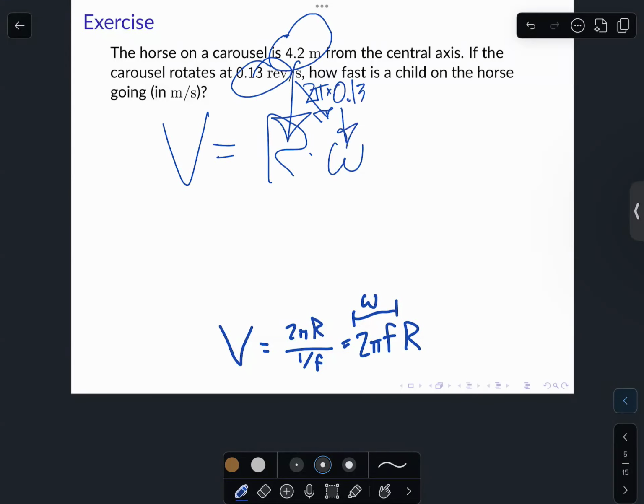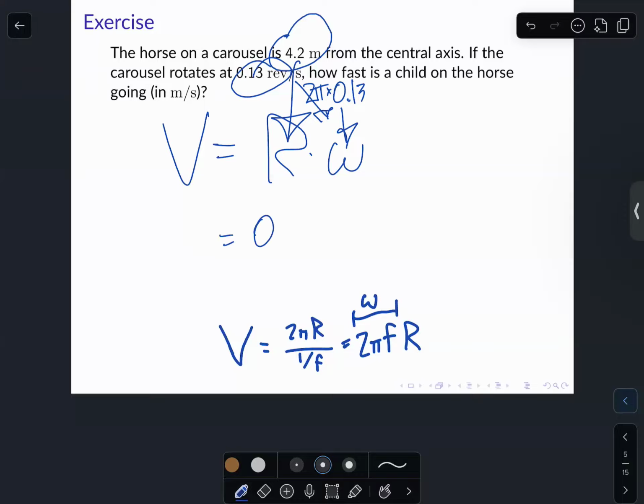Okay, so 0.13 isn't omega. 0.13 revolutions per second needs to be turned into some number of radians per second, which is how we measure omega. Radians per revolution times revolutions per second gives you radians per second.